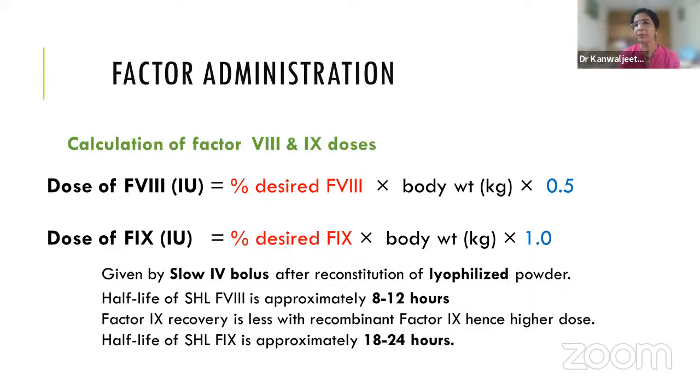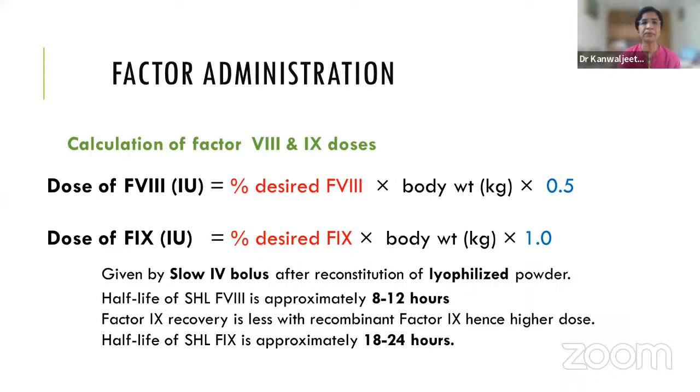We multiply it by body weight. Each unit per kg of factor 8 will raise the level by 2%. Hence, we multiply it by 0.5. For factor 9, each unit per kg of factor 9 will raise the factor 9 level by 1% only. So we use a multiplication factor of 1.